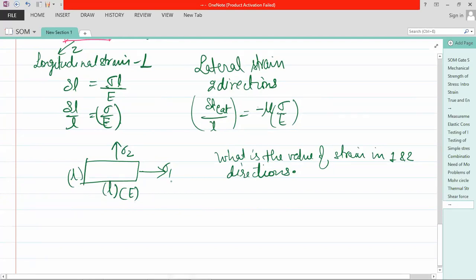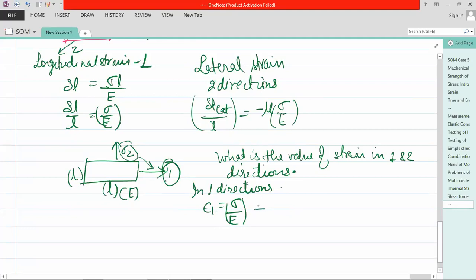Okay, let me tell you. In one direction, along sigma 1, what is the strain due to sigma 1? That is epsilon 1 equal to sigma 1 upon E. Now, because of sigma 2, another strain is coming, called lateral strain in one direction.